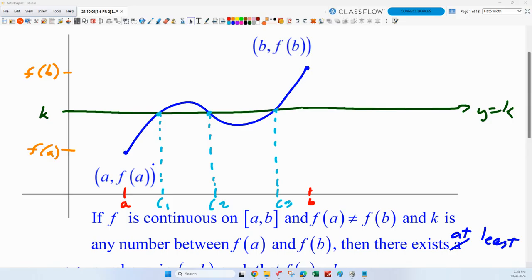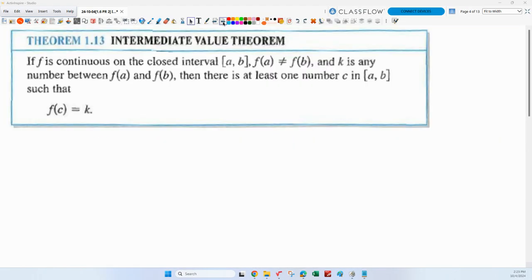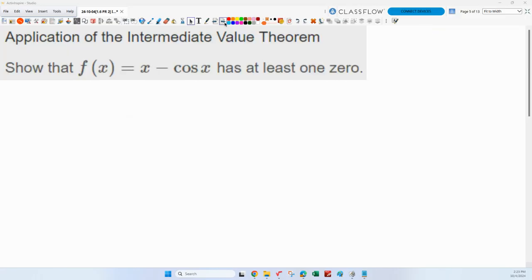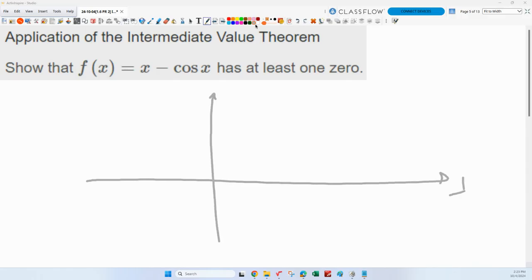Is that making sense? Okay, so we would draw our picture like this. So we want this to be our value of k. So you guys have to help me find a value of a and b. Okay, so if I pick -1, that's going to give me, we could maybe do that.